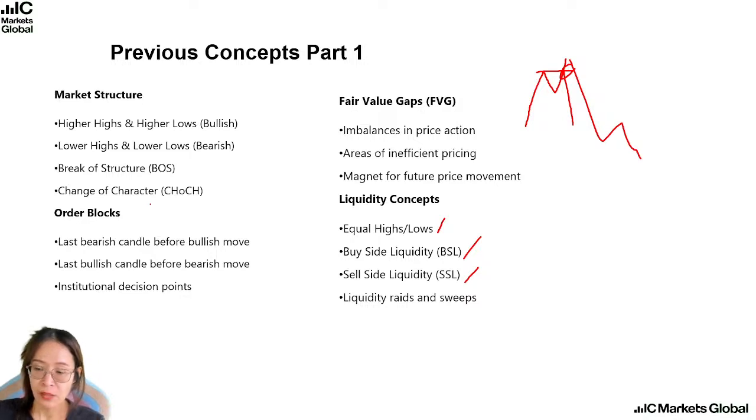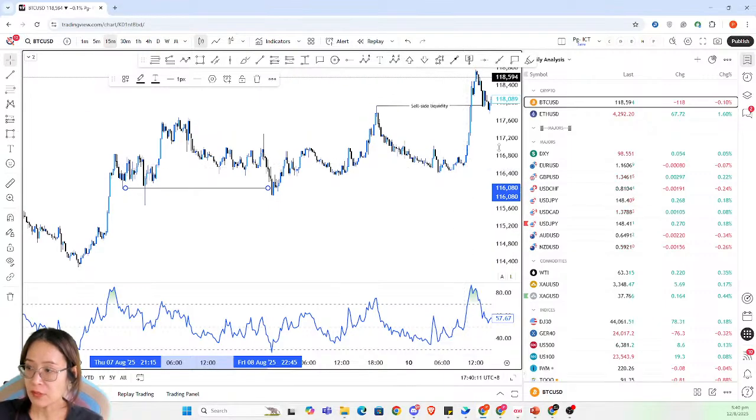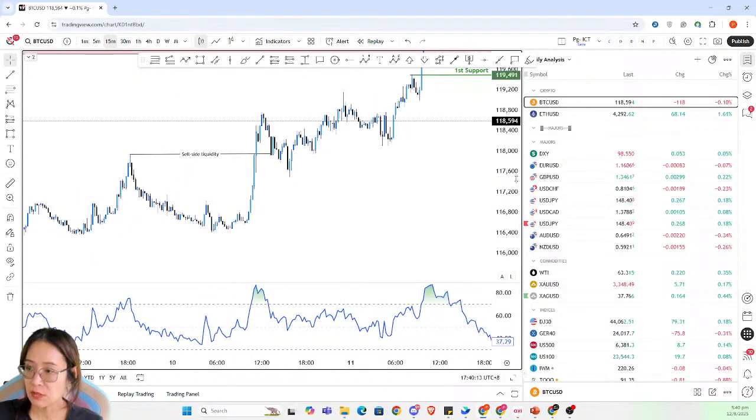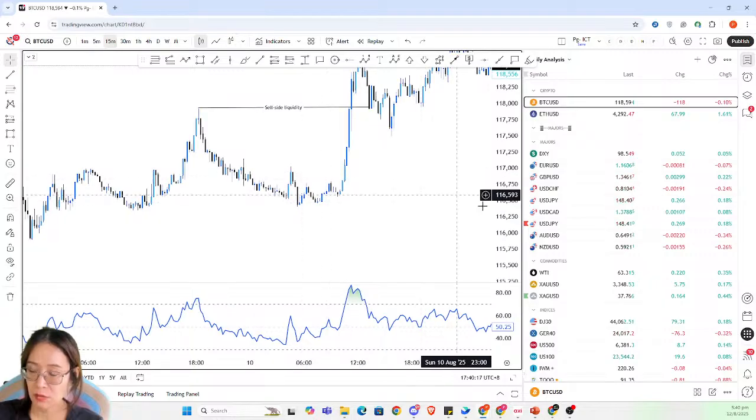All right, and order blocks, we already have the bullish and bearish order block, meaning that if you see price ending with a bearish or bullish engulfing candle, for the ICT, they will call it a bearish order block.